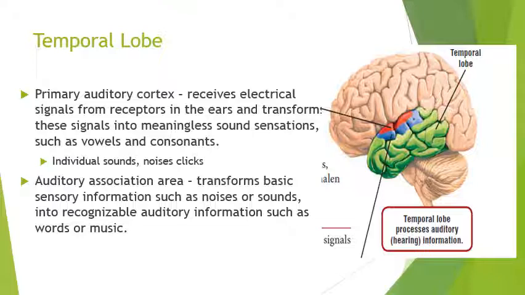So the primary auditory cortex receives electrical signals from the ears and transforms these signals into meaningless sound sensations. And the structure that makes it coherent is the auditory association area. So from the word association, iyang i-associate ang mga stimuli nga na-receive sa primary auditory cortex.